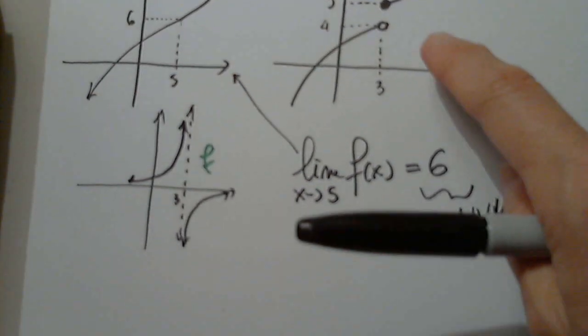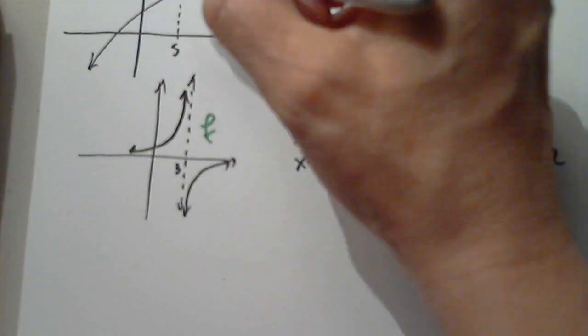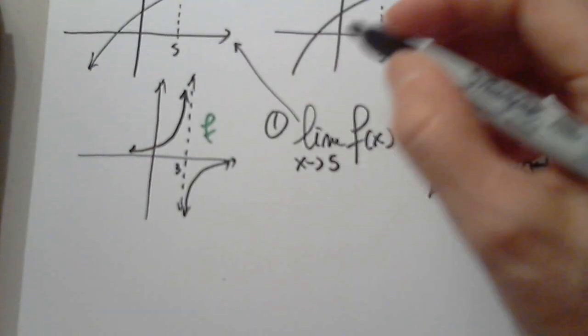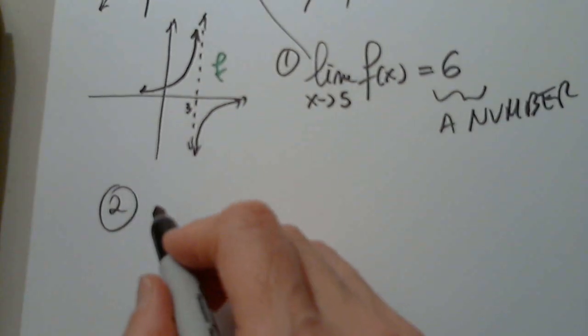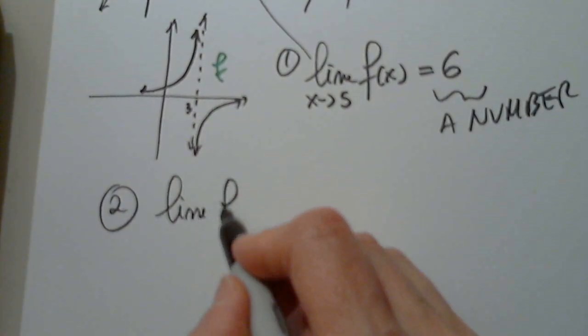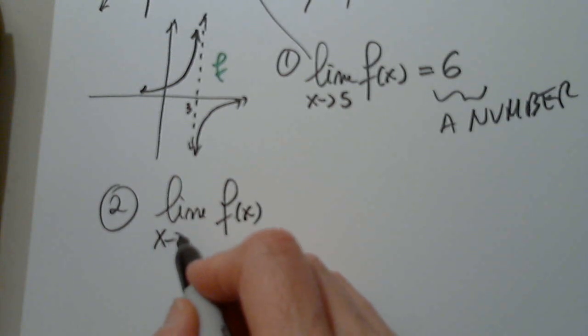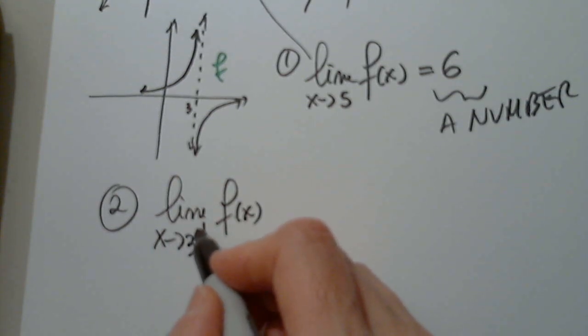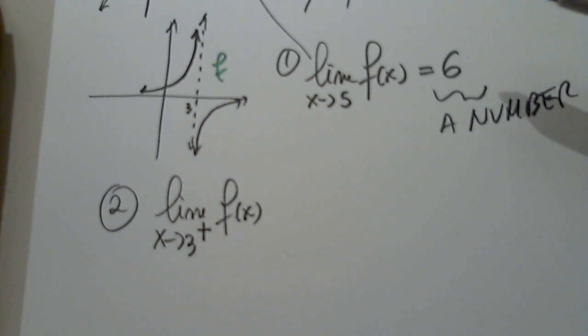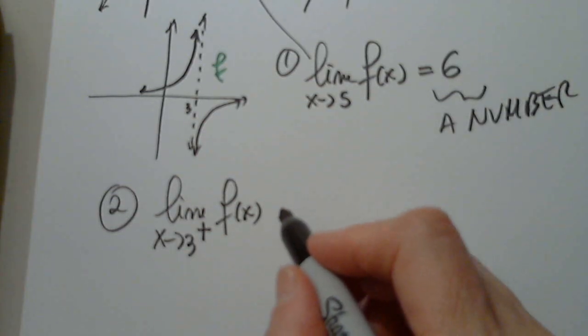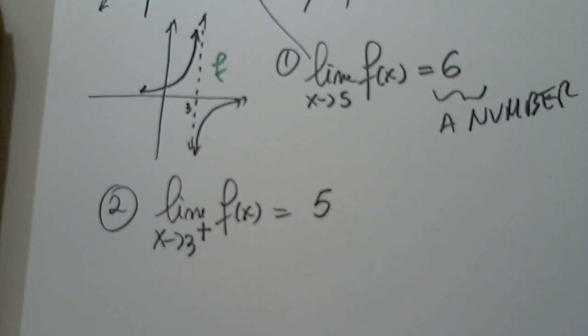Exactly. So this is situation number 1, and this is situation number 2. In situation number 2, we will write the limit of f of x as x approaches 3 from the right. The power is plus, meaning with numbers higher than 3. And you already gave me the answer to be 5.